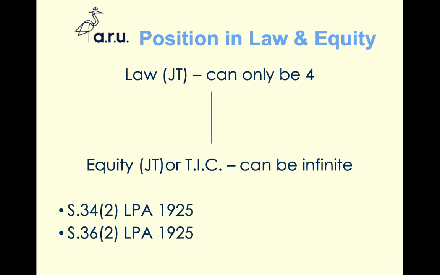So we can have more than one person as the fee simple absolute in possession holder, but up to a maximum of 4. So the legal title could be held by one party, which is pretty much all we've been doing so far, or by joint tenants. You can only have a maximum of 4 joint tenants of full age.